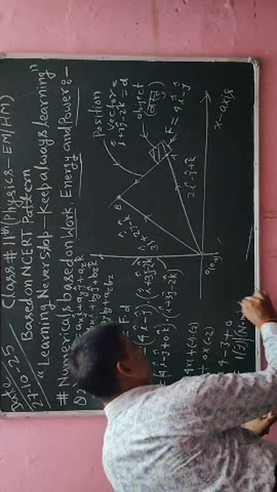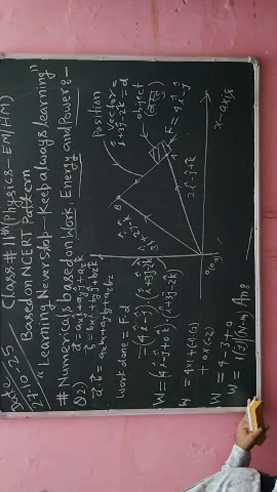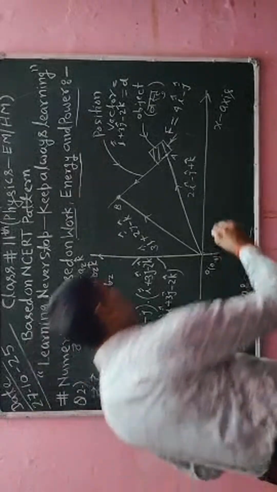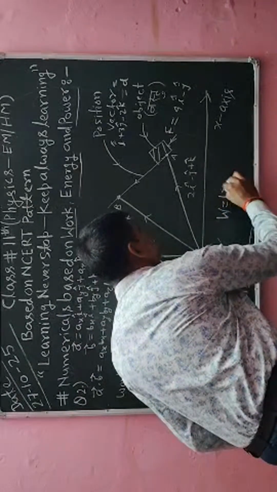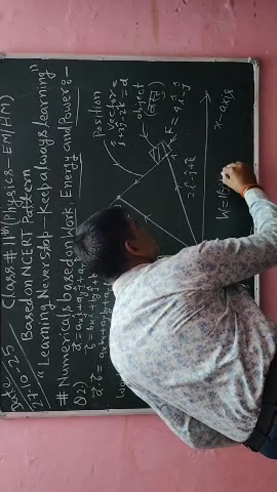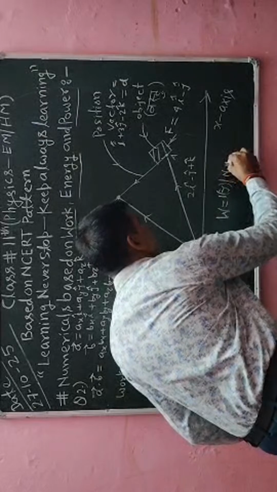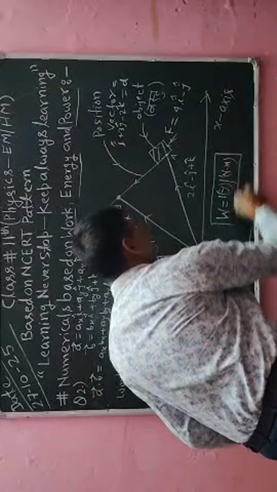This is the answer of my question. So I write work done W equals 1 joule, or in other words Newton meter. This is the answer of the question.